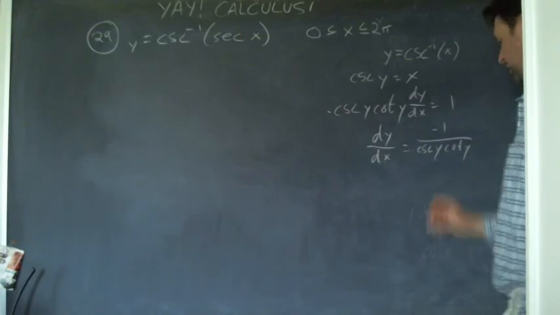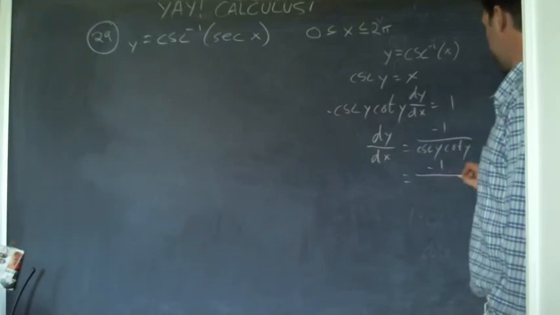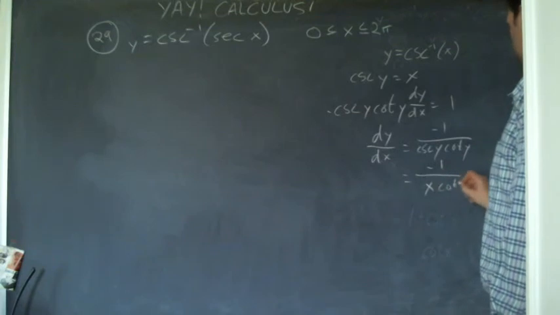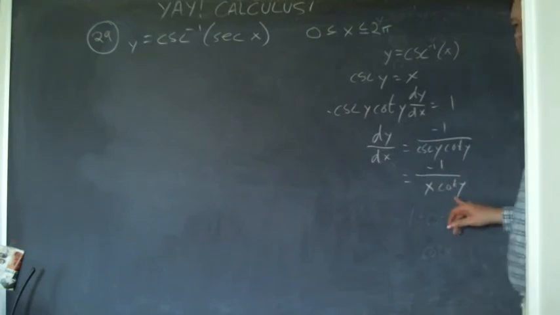Cosecant y is easy enough to change into x. And cotangent of y here.